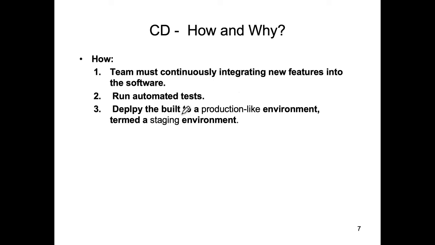A staging environment is where you would deploy your application, and that environment is only available to the development team. We deploy it there, and typically we would run tests on the application in that staging environment as well. And if all of those tests pass, then potentially we can deploy to the actual production environment.